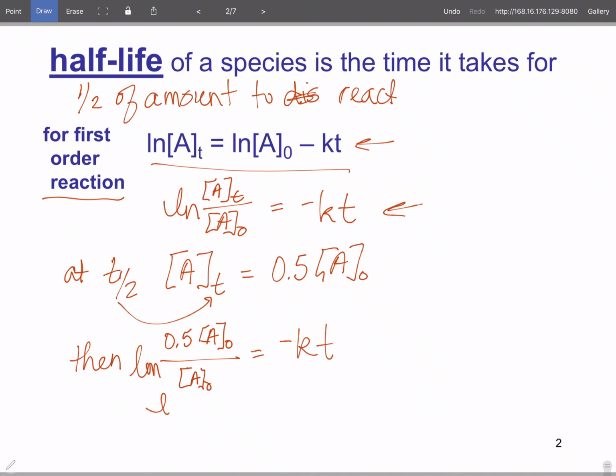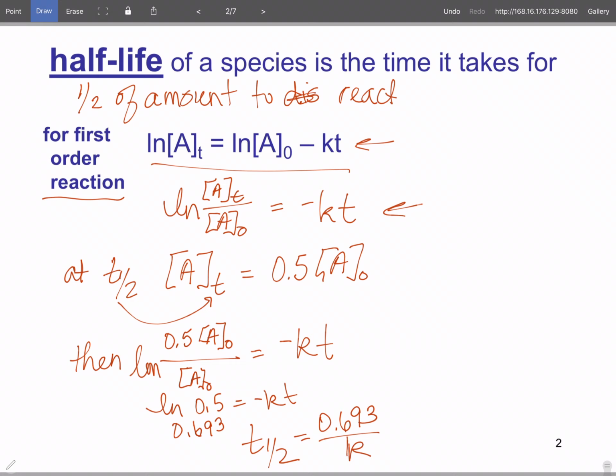So the natural log of 0.5 is equal to minus kt, and that comes out to approximately 0.693. So t 1/2, the half-life, is equal to 0.693 divided by k.